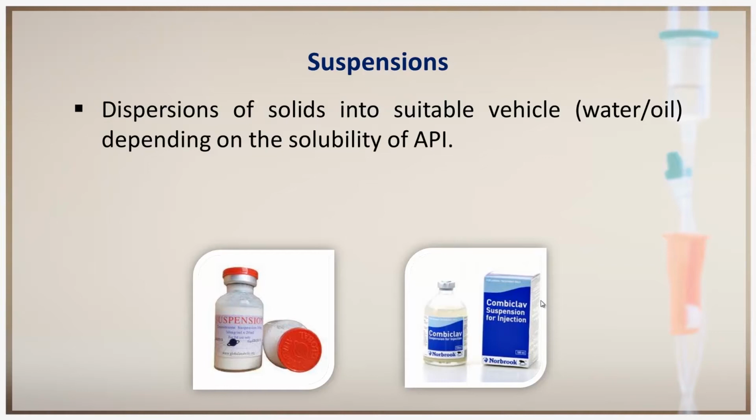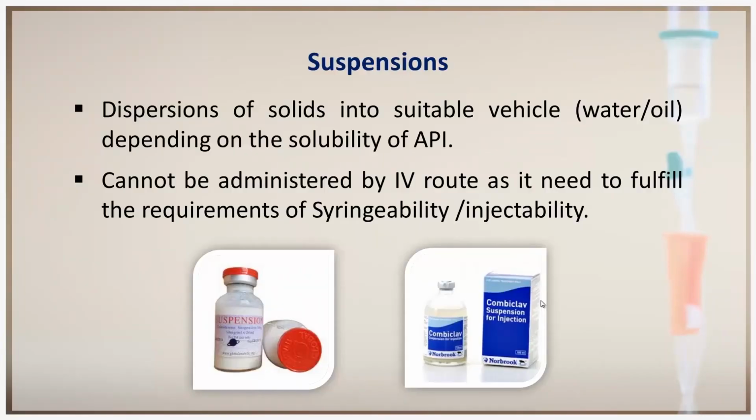It can be oil or water based depending upon the solubility of the active pharmaceutical ingredient. Suspensions are one of the most typical and difficult formulations in terms of preparation, and they cannot be administered by IV route as they need to fulfill the requirements of syringeability and injectability.